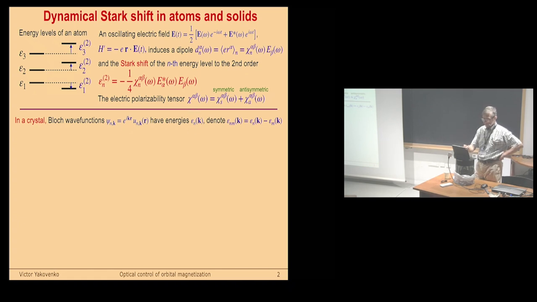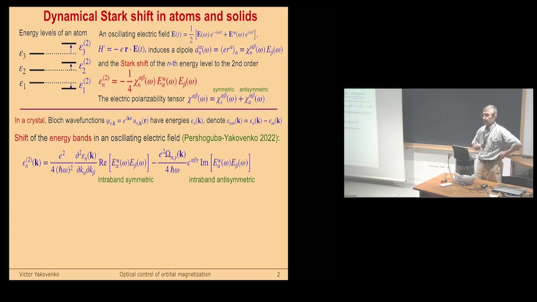So energy levels actually broaden into bands. There is a continuous quasi-momentum and a discrete band index n. And of course, the wave functions have the Bloch structure. Again, this is all textbook stuff. The notation is the energy difference between two bands, which I will call epsilon_nm just for shortness.